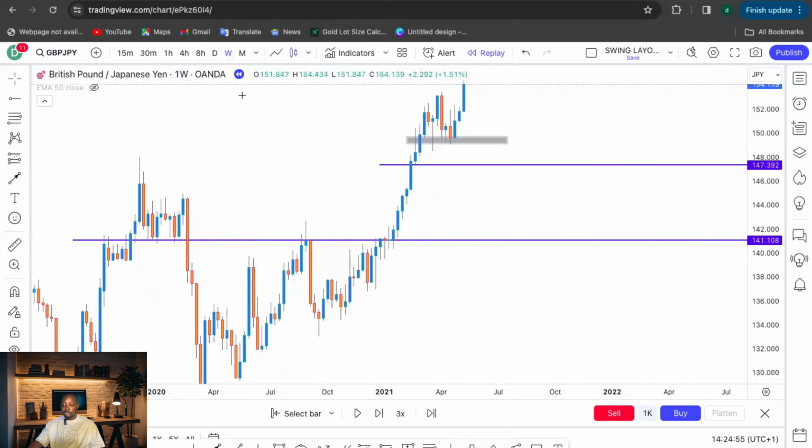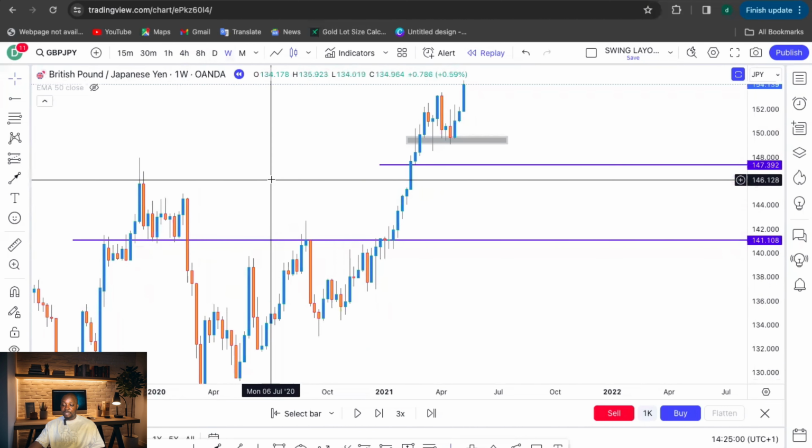If we are bearish on the weekly time frame, but the daily and the 4-hour time frames are bullish, that is a B setup. A B setup is good enough for me. I'll still take the trade. But if we have an A setup, A plus setup, meaning the weekly is bullish, the daily is bullish, the 4-hour, there is no doubt in my mind.